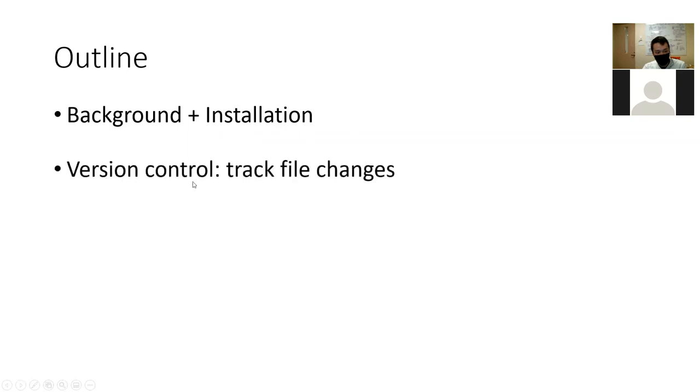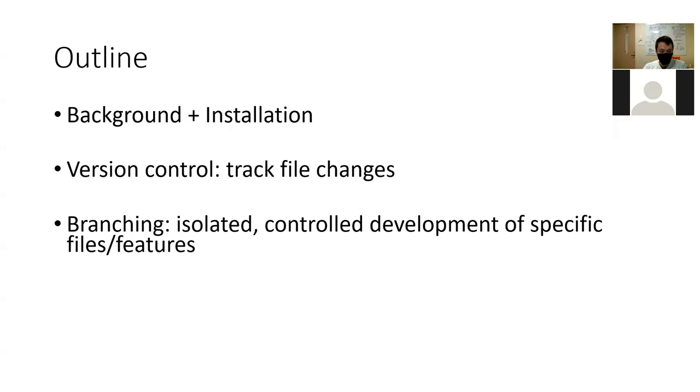I'll talk about the fundamental feature of using GitHub, which is version control, the ability to track changes for a file or a group of files, and to keep those tracked changes in history. Then I'll go into branching, which is a way to develop code or a set of codes in an isolated and controlled scenario.